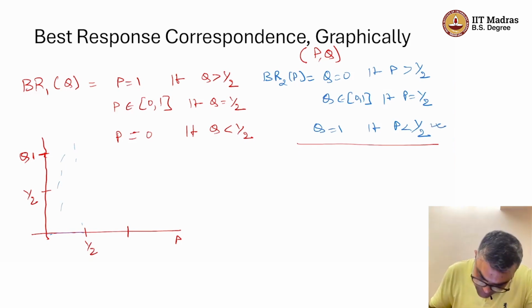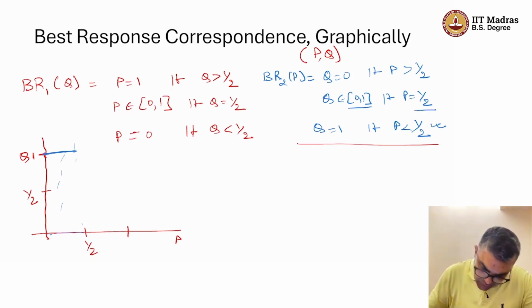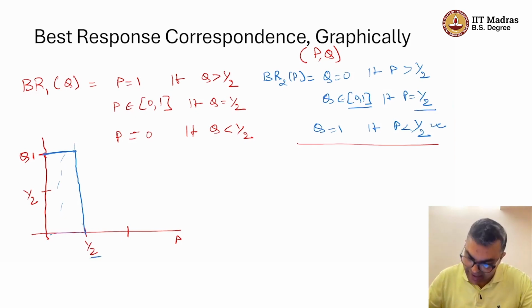So for each value of P between 0 and half, Q happens to be equal to 1. When P is equal to half, everything is possible for Q. So this is the way, and that's why we are calling it a correspondence. For P equal to half, an infinite number of possibilities are there. And if P happens to be greater than half, Q is equal to 0. So this is the way we get it.